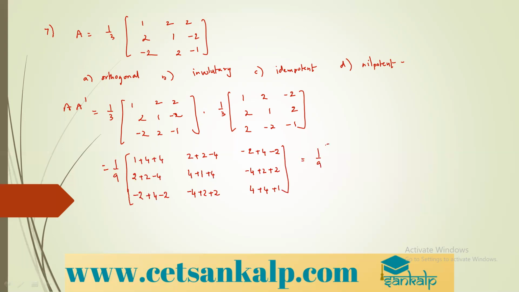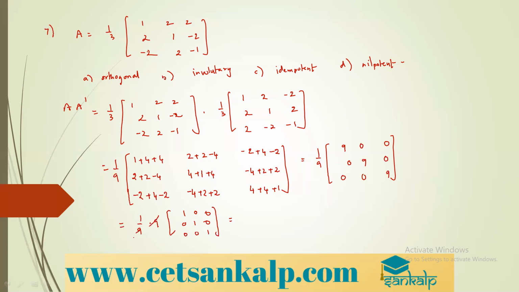So I will be getting 1 by 9 into 8 plus 1 is 9. This will become 0. This also will become 0. This is 0. This is 9. And here 0. Here 0. Here 0. Here 9. If I pull 9 out, then I will get 1 0 0, 0 1 0, 0 0 1.